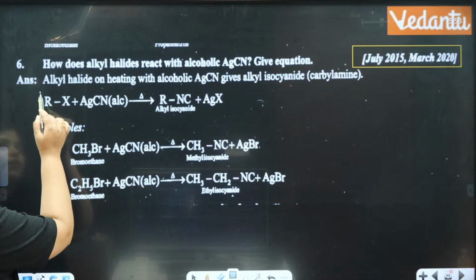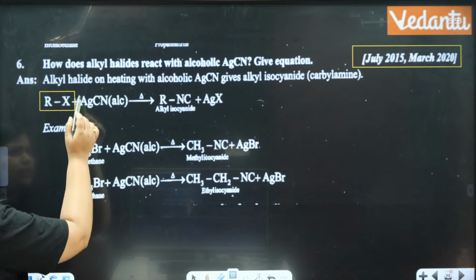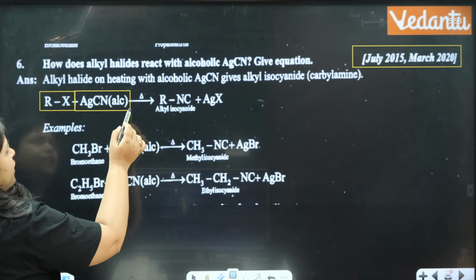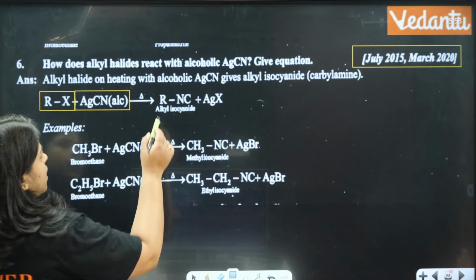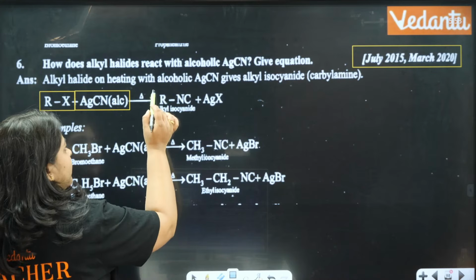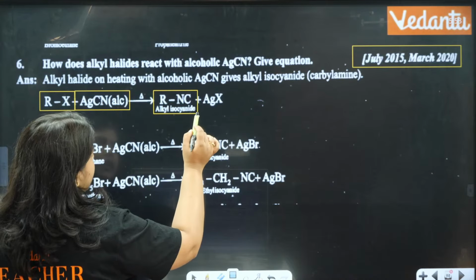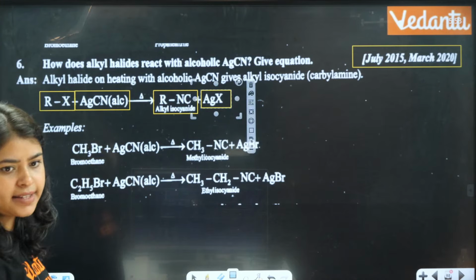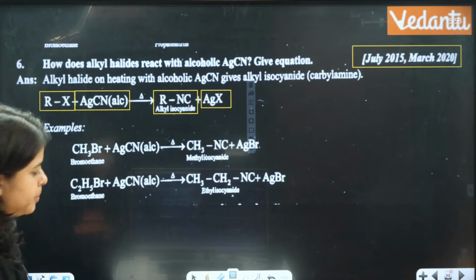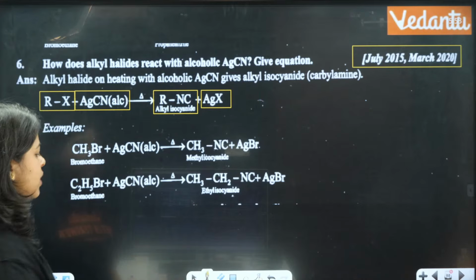So concentrate here: we have taken the alkyl halide and are treating it with alcoholic AgCN. By heating it, we are going to get alkyl isocyanide and AgX. Clear, done.